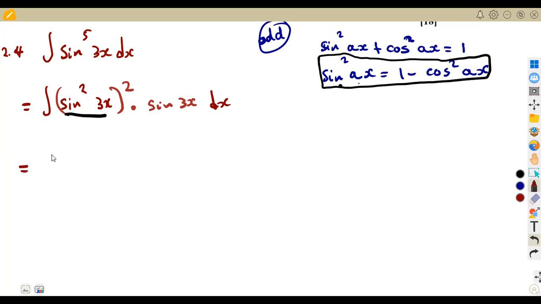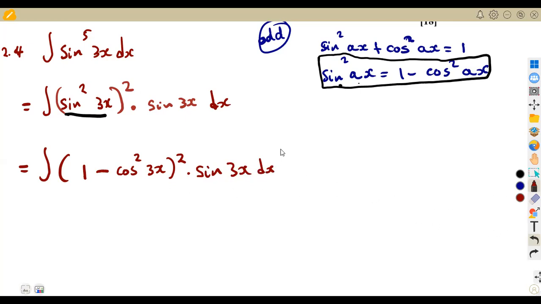So this is going to be the integral of 1 minus cos squared 3x, squared, then times sine 3x outside. So this is sine 3x dx.